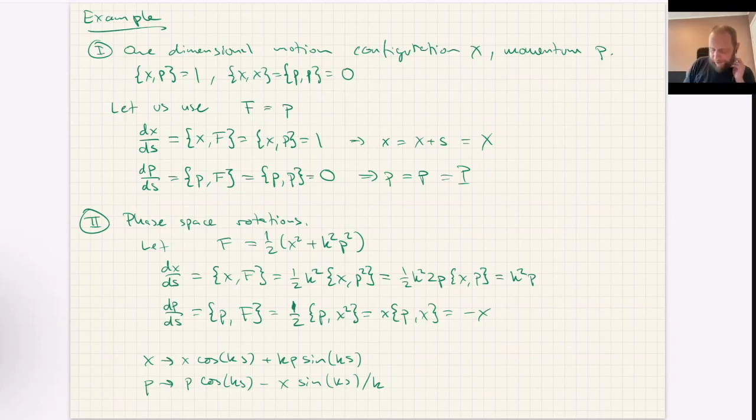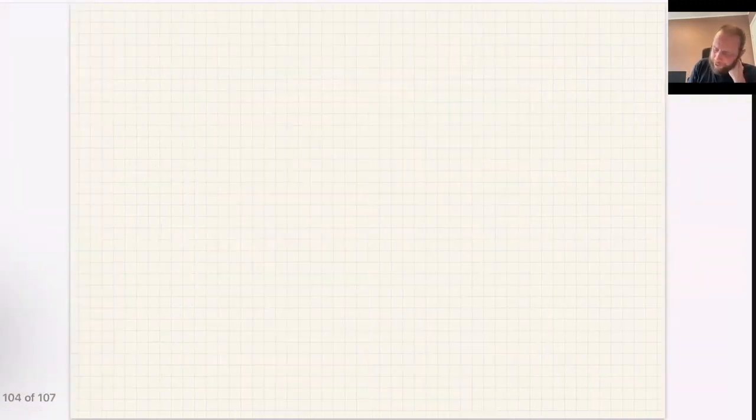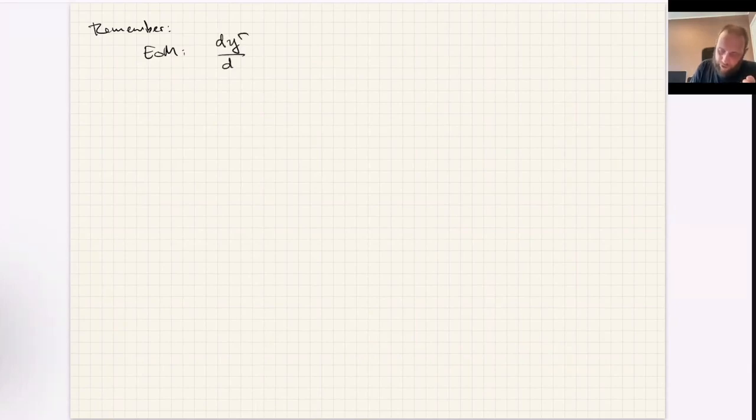So in particular here, you remember that this reminds us of something. You'll remember that in Hamiltonian mechanics, the equations of motion were just these. You had d y_r/dt equal to the commutator of y_r with the Hamiltonian.